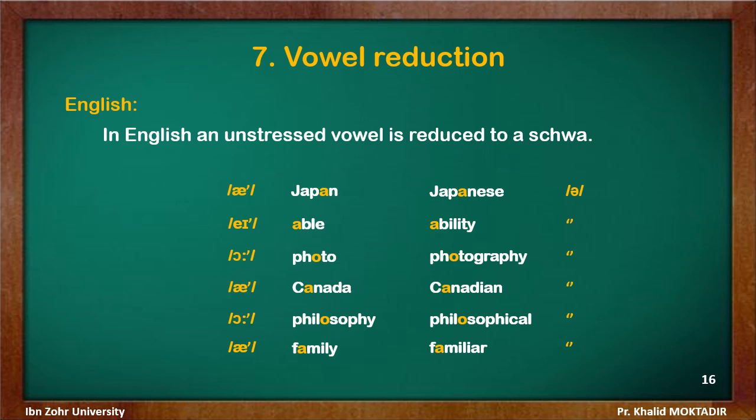And notice the vowel o in philosophy, how it becomes a schwa when the stress moves to another vowel and it becomes philosophical. Now the vowel a in family, when the stress shifts to the next vowel, the a becomes the schwa: familiar.